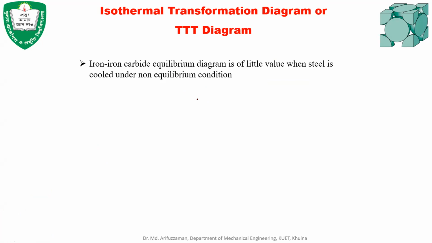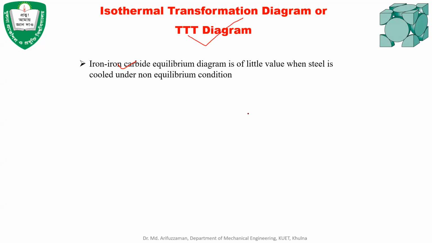That means how much pearlite is present, how much ferrite is present, how much martensite is present, you cannot obtain that from the iron carbide diagram. So we need a different diagram which can give us proper insight when we cool the steel at various cooling rates to obtain different structures, and those structures can be predicted using the TTT diagram.